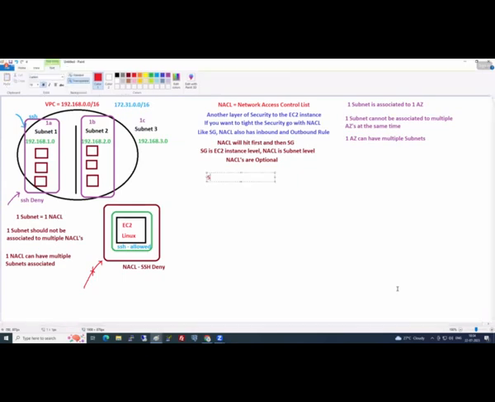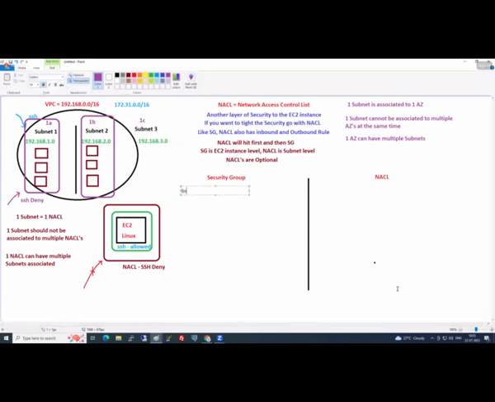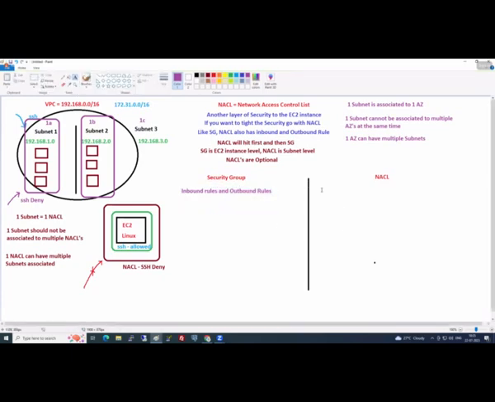So this is the security group and this is the NACL. In a security group, we have inbound rules and outbound rules. In NACLs also we have inbound rules and outbound rules.